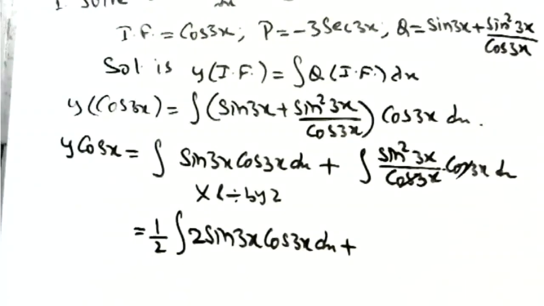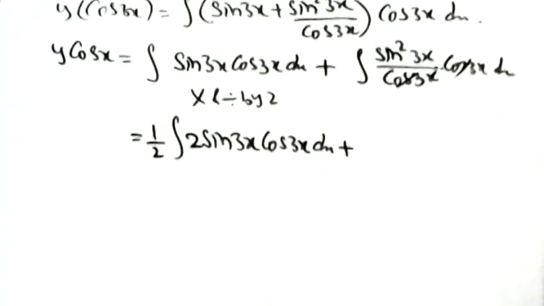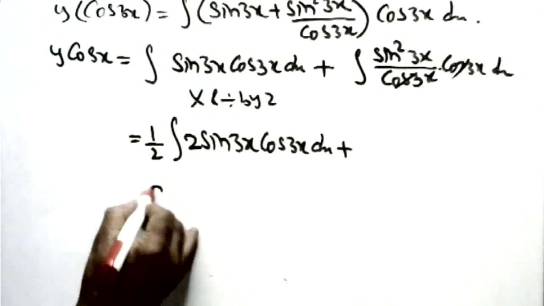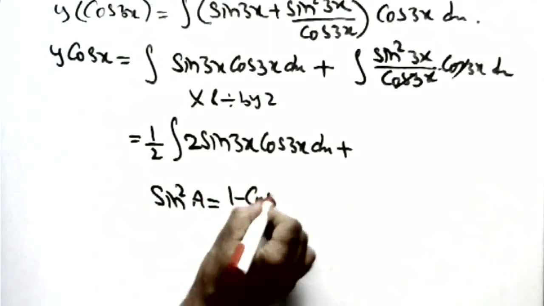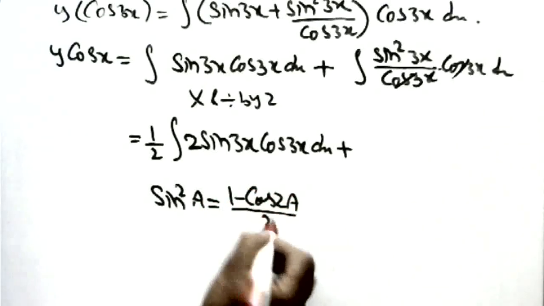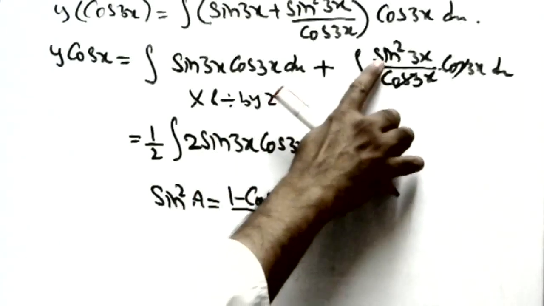Plus, now see here, there is a formula for us. If you don't know the formulas, you can go to the intermediate classes. I am just explaining. The formula of sine square a is 1 minus cos 2a by 2.